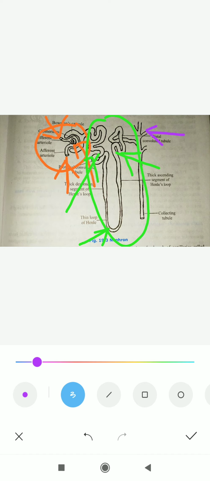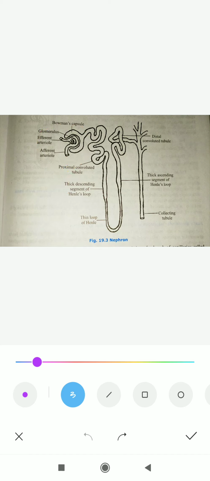This collecting duct, as the name refers, is a tube which collects the urine or excretory waste excreted out through the glomerulus or through the Malpighian body of nephron. So this is the structure of the nephron, which is the main part of kidney and the functional unit.